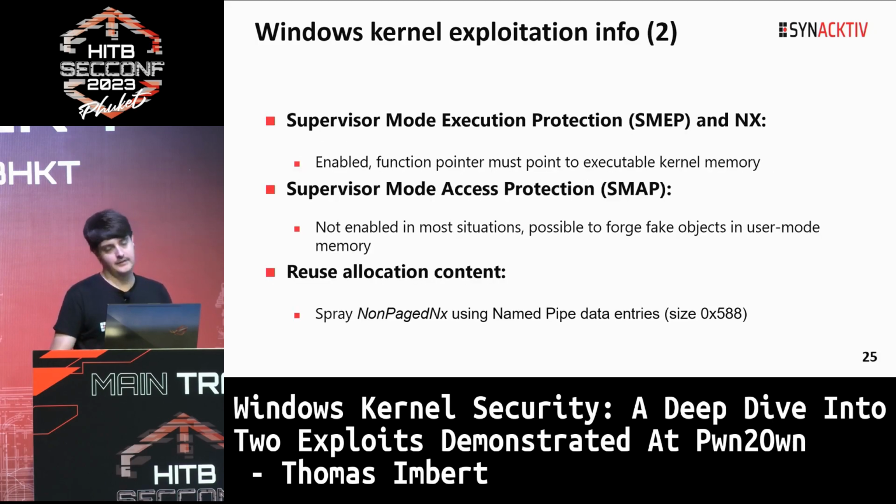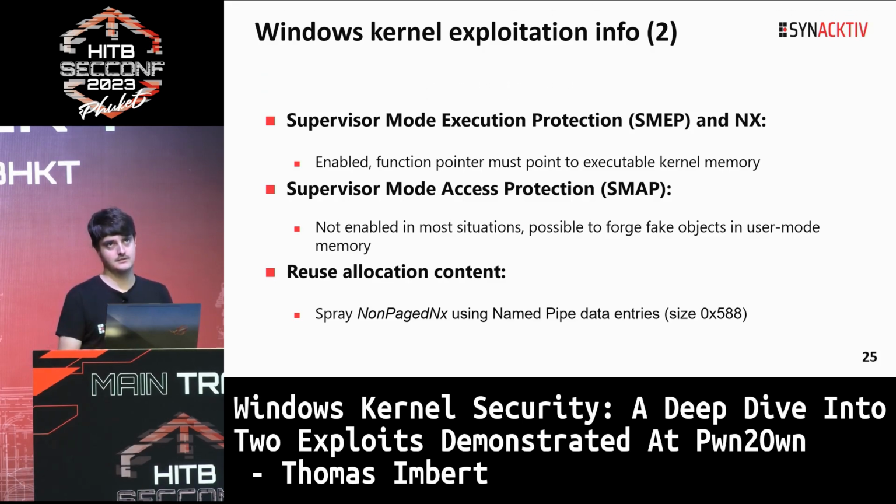And then there are more mitigations we need to take into account. So for the function pointer, if we corrupt it, there is SMAP and NX, so we need to make sure it points to executable kernel memory. We are lucky because on Windows, SMAP is not enabled in most situations.